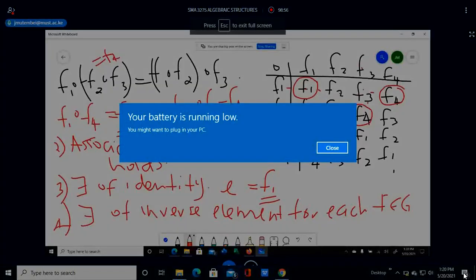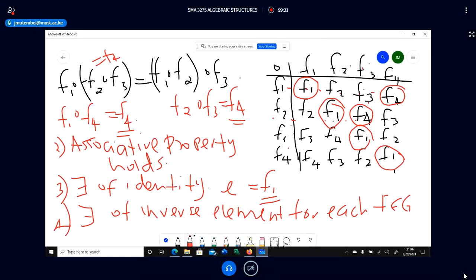So F1 appears there, F1 appears there, F1 appears there, meaning that the inverse of F1 is F1, inverse of F2 is F2, inverse of F3 is F3, inverse of F4 is F4. So each element in G has an inverse in the same set G. So number 4 is also satisfied.